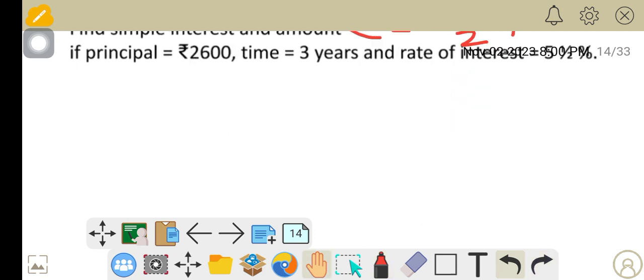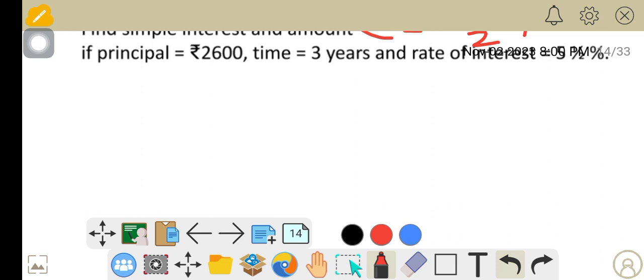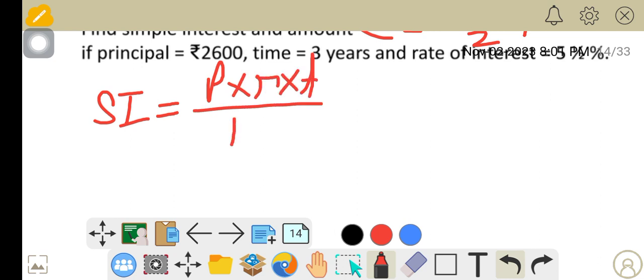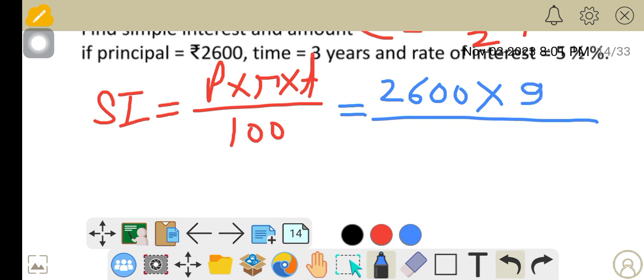So now we have the formula, simple interest equals principal, rate, time divided by 100, and the given value of principal is 2600, rate of interest 11 by 2, and time duration 3 years, and divide by 100. Just simplify it.